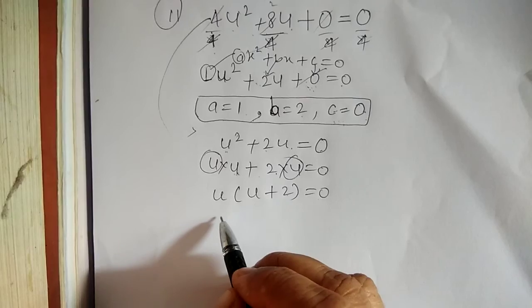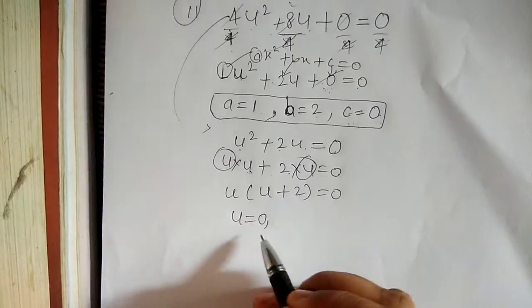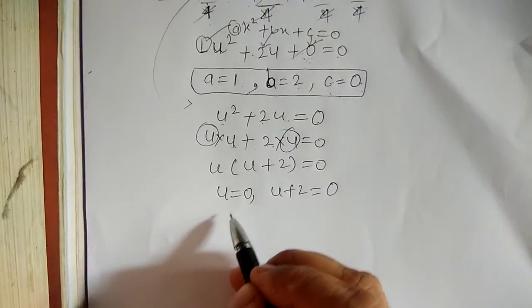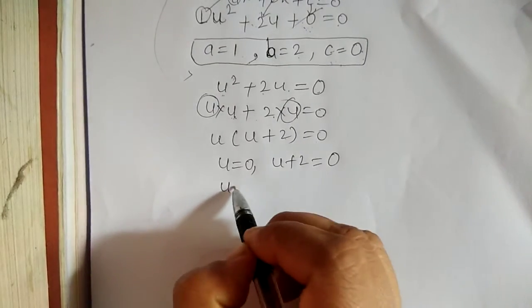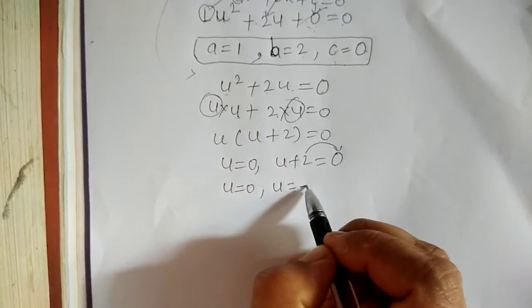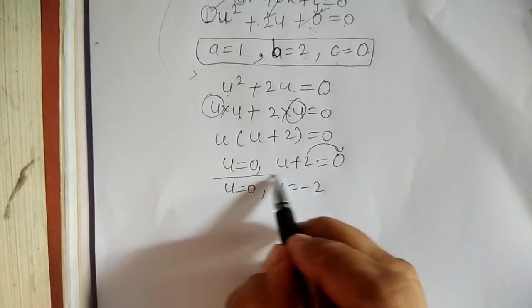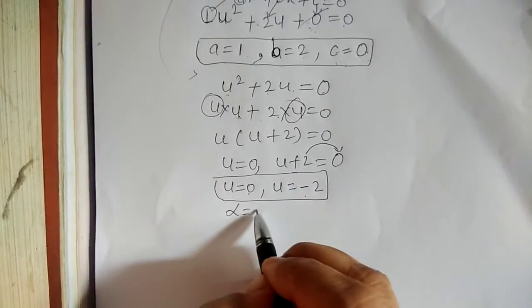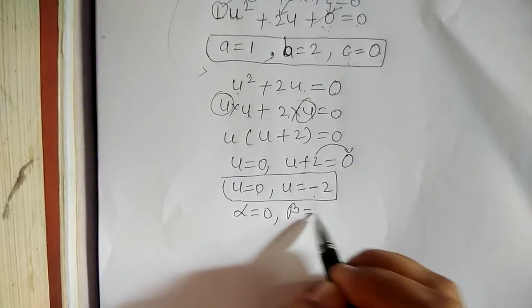So we get either u equal to 0 or u plus 2 equal to 0. So either u equal to 0 or u equal to plus 2, which will go to the other side and become minus 2. So what are the two roots? The two roots are 0 and minus 2. That means alpha value is 0 and beta value is minus 2.